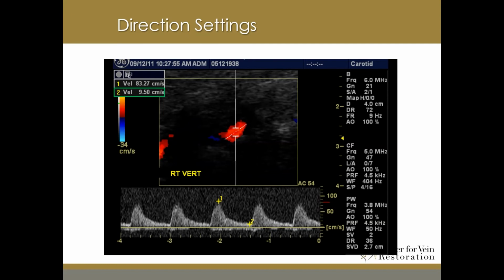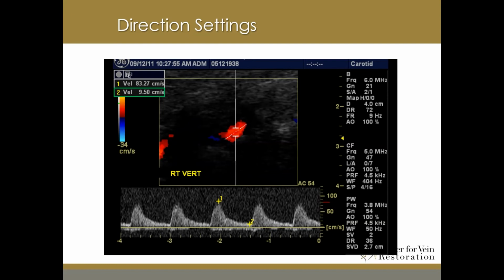So if we have a patient that has insufficiency and the flow is being demonstrated above the baseline, clicking that invert key, while it changes the demonstration of that flow, doesn't change the direction of that flow. It just changes how it's being represented. So again, sometimes the flow direction can be confusing.